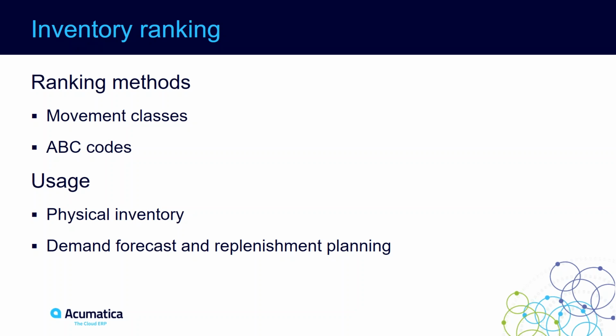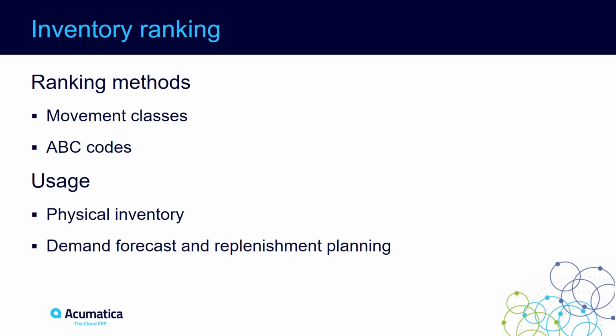So they use these concepts, and these concepts are available on Acumatica to be set up and used in order to help our customers have better control and better information about how our inventory is working, how we can classify our items depending on how they move or how they are sold or requested by their customers. We can classify by ABC codes.